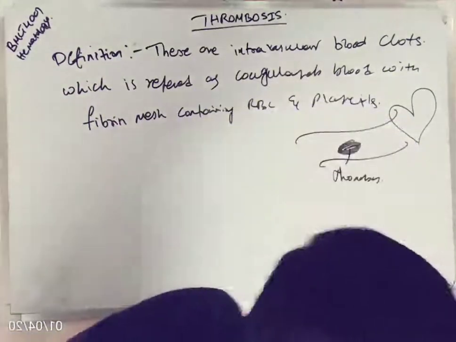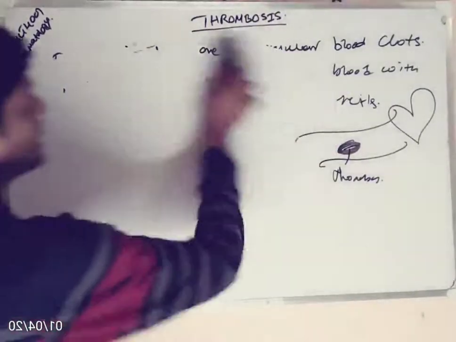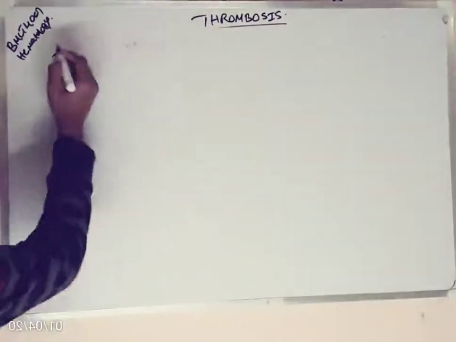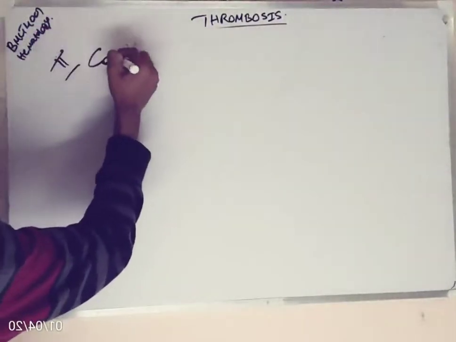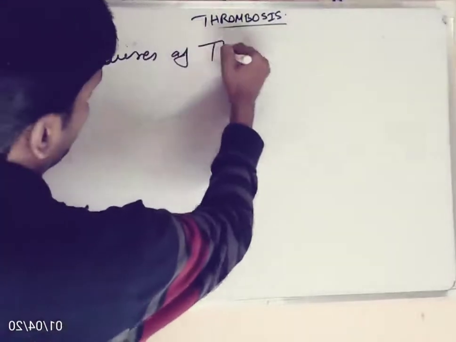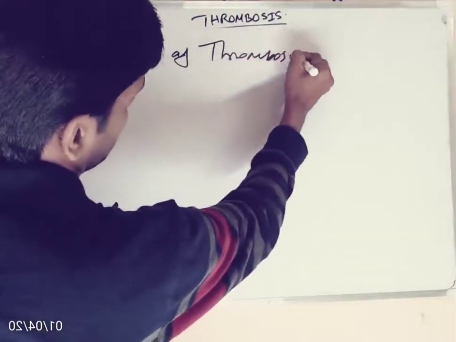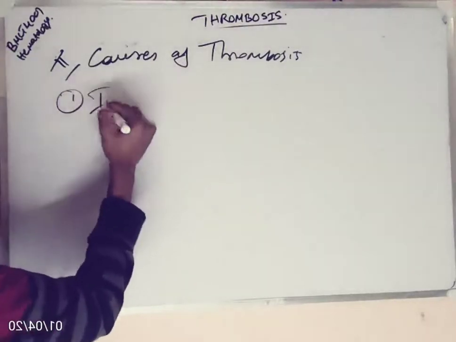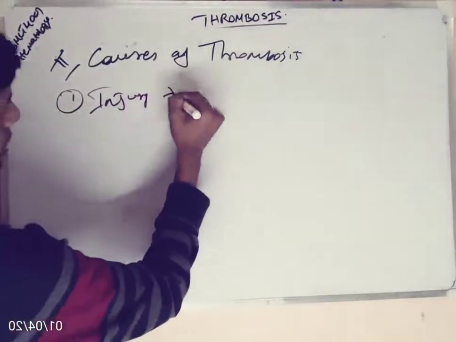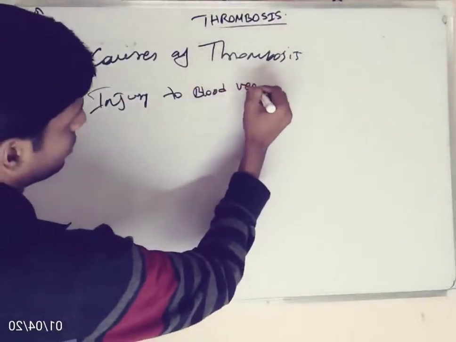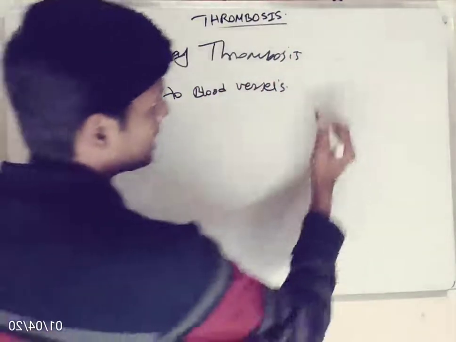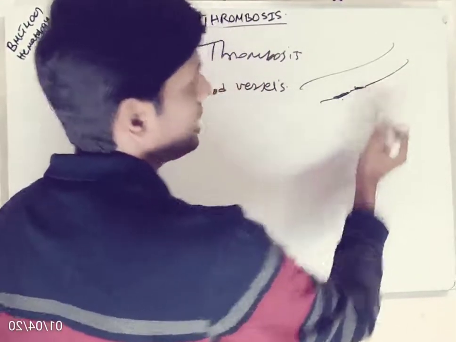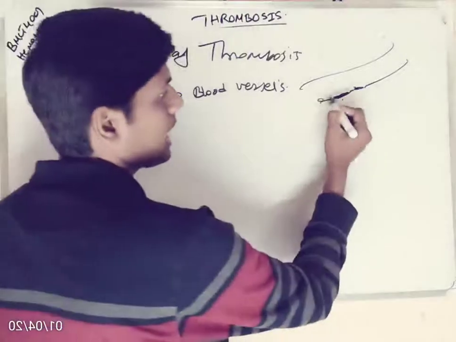Let us see. So next one is causes of thrombosis. So what causes thrombosis? First one is injury to the blood vessels. So injury to blood vessels means, this is a blood vessel and the blood vessel got injured, it got damaged, and these damaged blood vessels have endothelial cells.